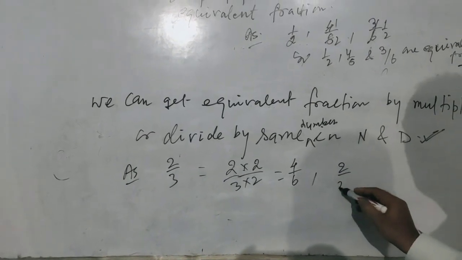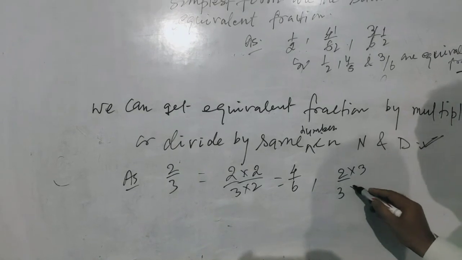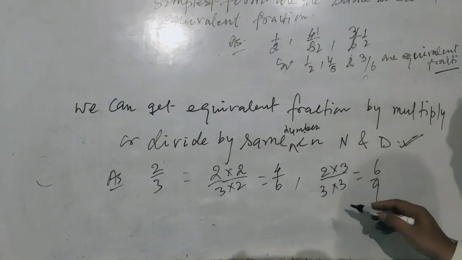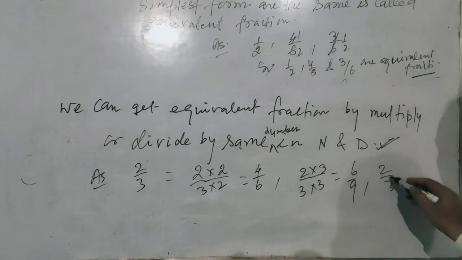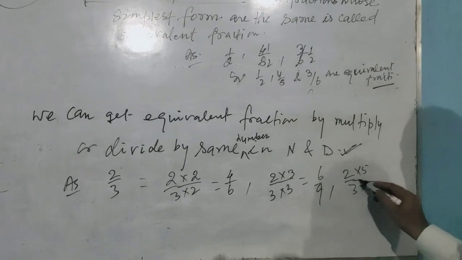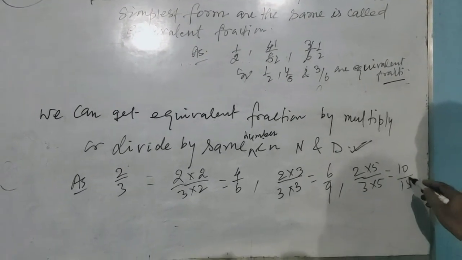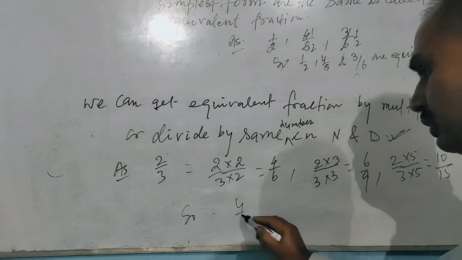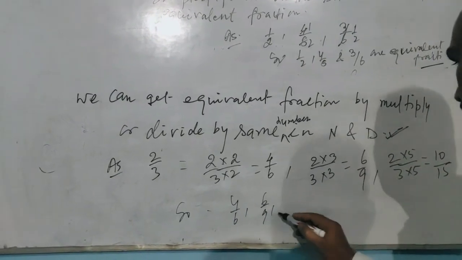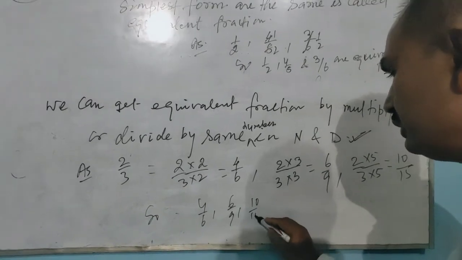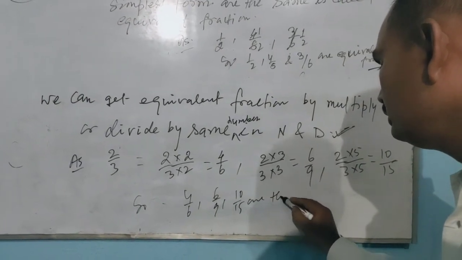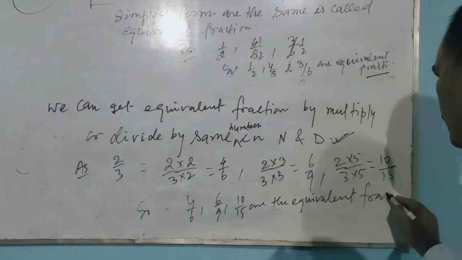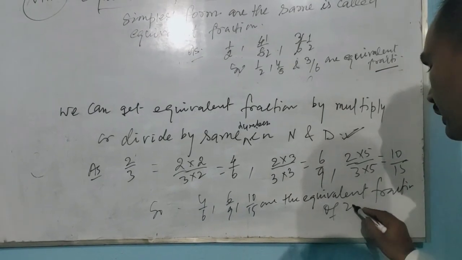Next, multiply by 3 in numerator and denominator. We get 6 by 9. Next, we get 10 by 15. So here 4 by 6, 6 by 9, 10 by 15 are the equivalent fractions of 2 by 3.